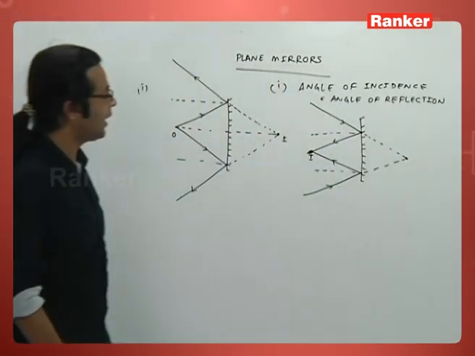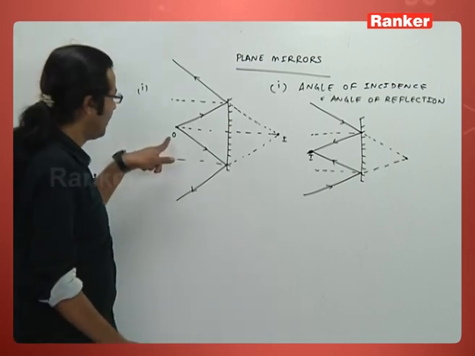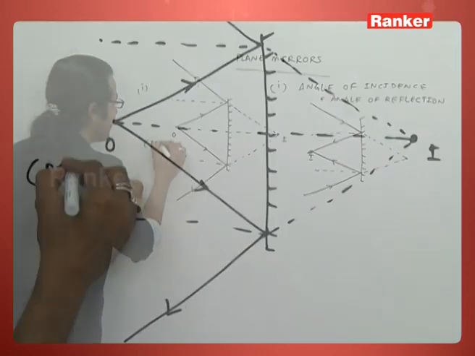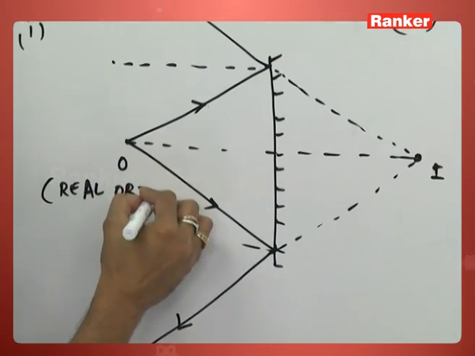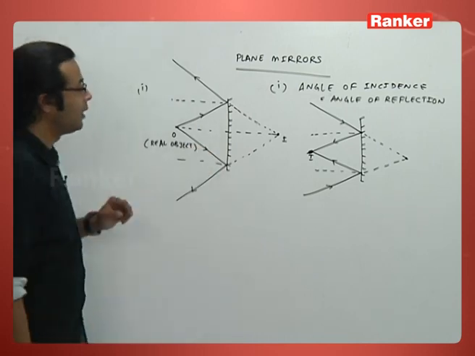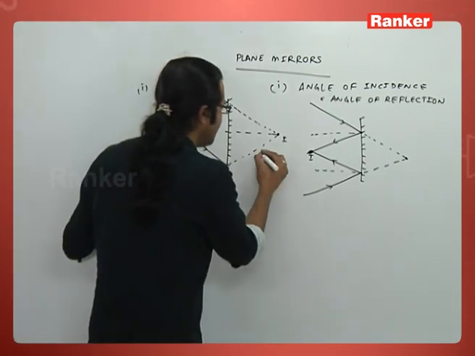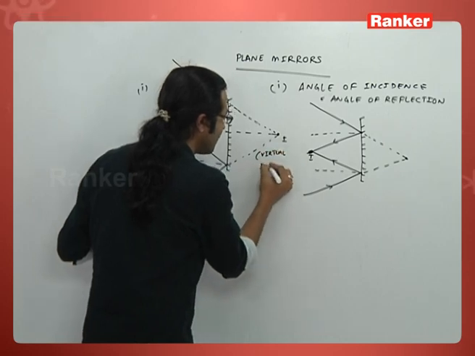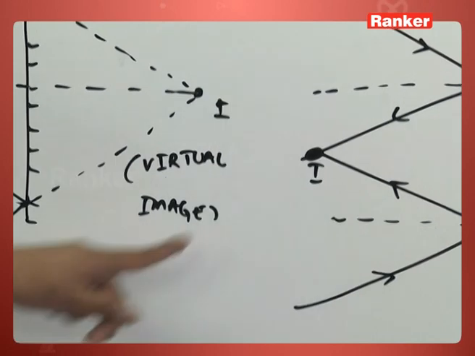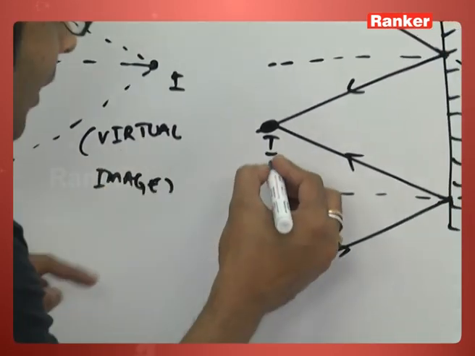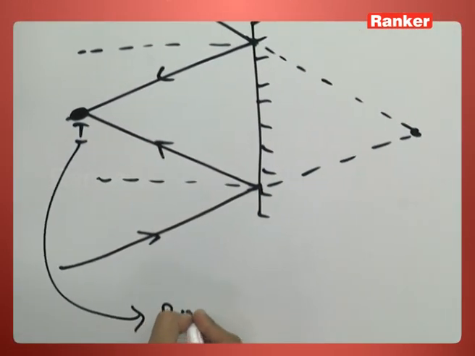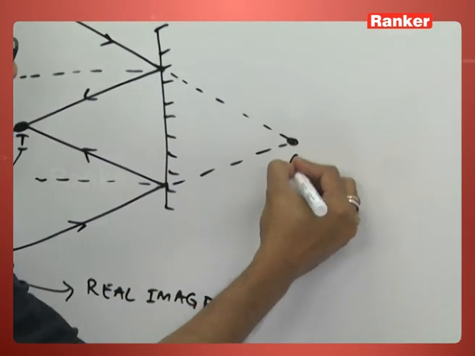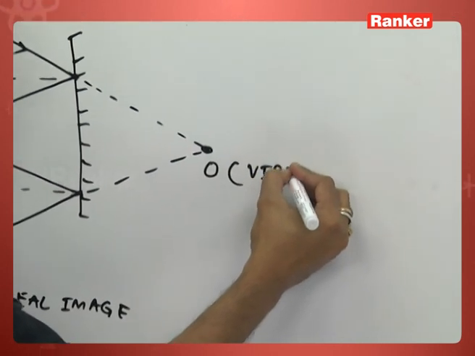now here one thing I want to clarify. Here this is an object and this is the real object. This is very essential when we study geometrical optics, and this is a virtual image. And if you look carefully at this diagram, this image will be a real image. And this is, we can say, a virtual object.